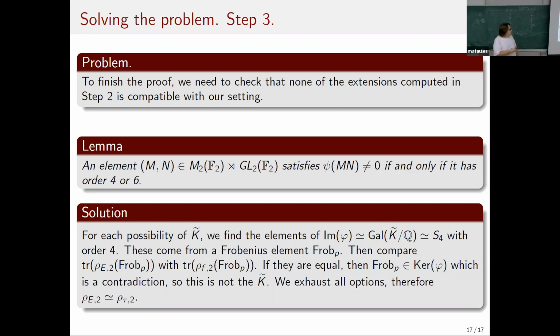And so you end up exhausting all options, and you prove that the two representations are equal. Okay. So this would be more or less one way to prove things. Also, what I'm working on right now is other ways to prove that two representations are equal.